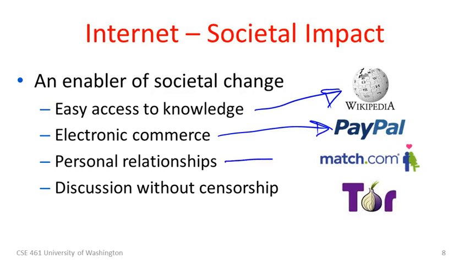Even the way we meet people and stay in touch has changed with online dating services, as well as, of course, social networks. Different kinds of internet systems permit us to have discussions without censorship, systems such as Tor, even across international borders. And I guess we could also add something like Coursera to this list, because the internet is changing the way we go about educating people in a pretty significant way.